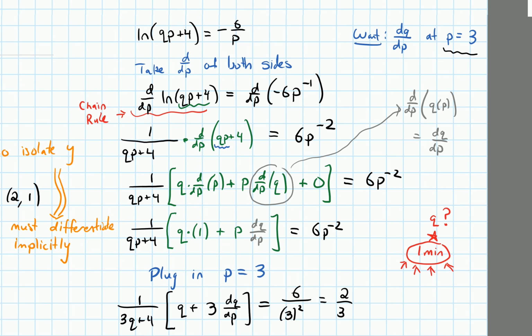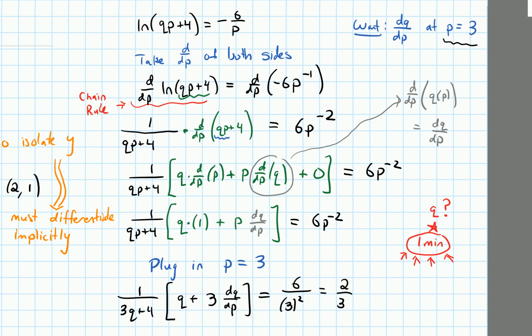All right, so hopefully you've paused the video. Let's talk about it together. The way we are going to get the value of q is, since I know p, I can use my original equation and plug in my p value into the original equation and then solve for q there.